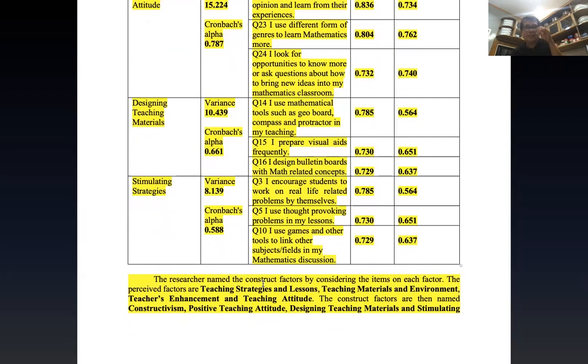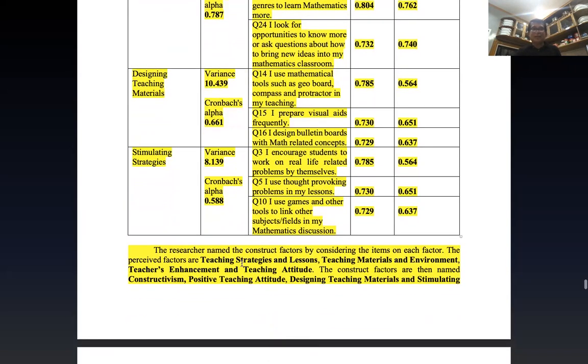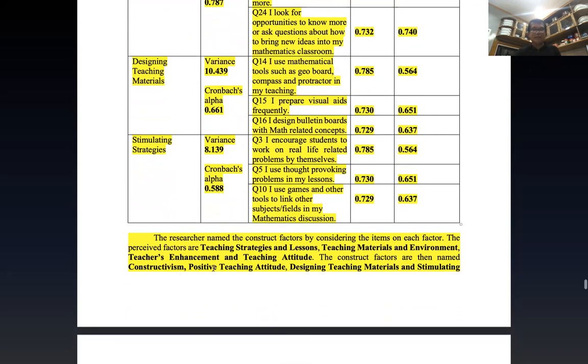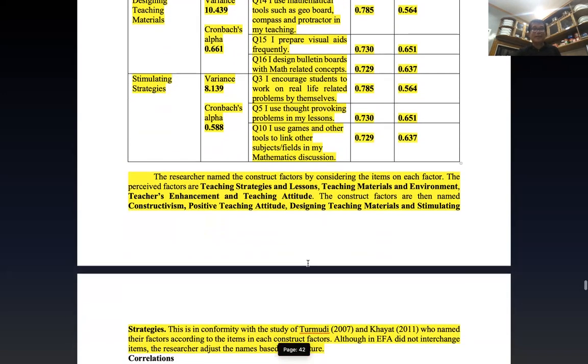Initially, the predetermined factors were named as teaching strategies and lessons, teaching materials and environment, teachers enhancement, and teaching attitude. Through factor analysis, those different factors are being named, and they are being called constructivism, positive teaching attitude, designing teaching materials, and stimulating strategies.